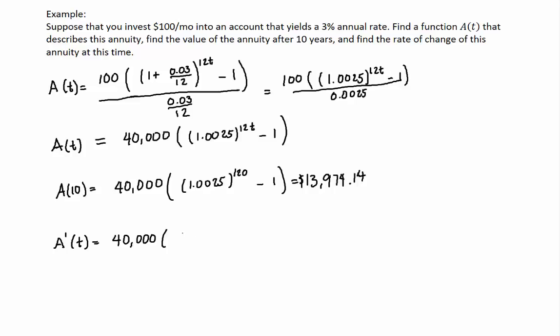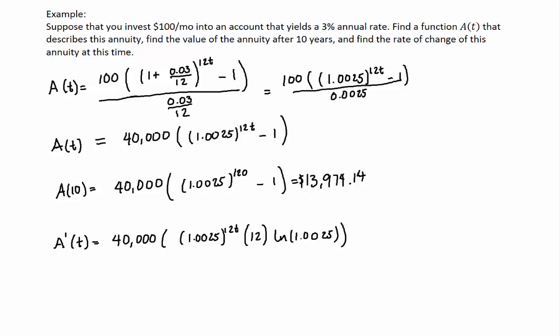So remember, you copy the exponential, multiply times the derivative of the exponent, which is just 12, and lastly, since this is not e, but 1.0025, you multiply times the natural log of 1.0025. And then minus the derivative of 1, which is 0, so that is all you have.